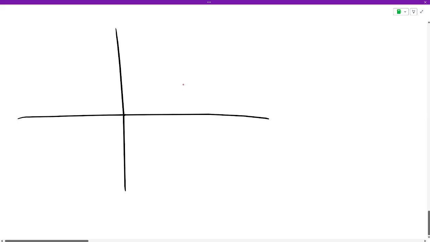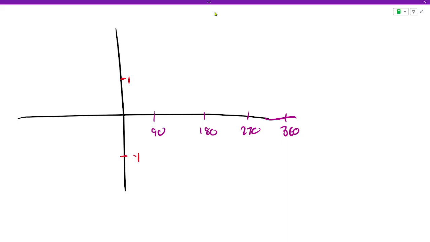This is 90, 180, 270, 360. And let's say the graph ranges between 1 and minus 1. Hypothetically, you don't know what this graph is. And it goes up, then it goes down.